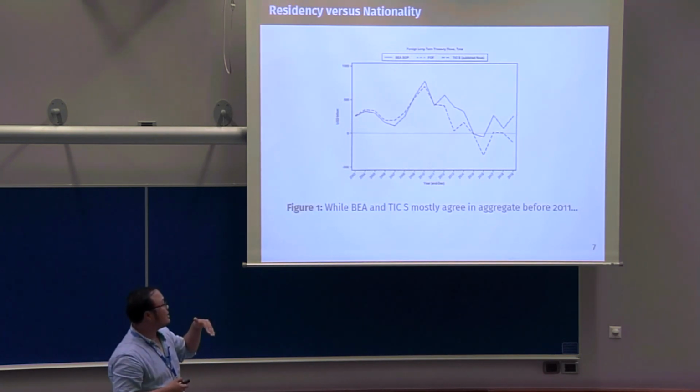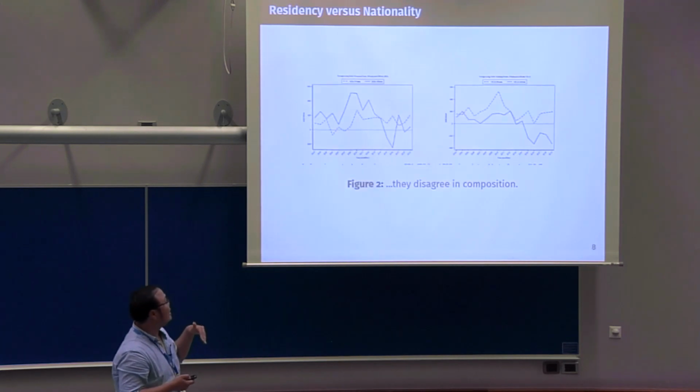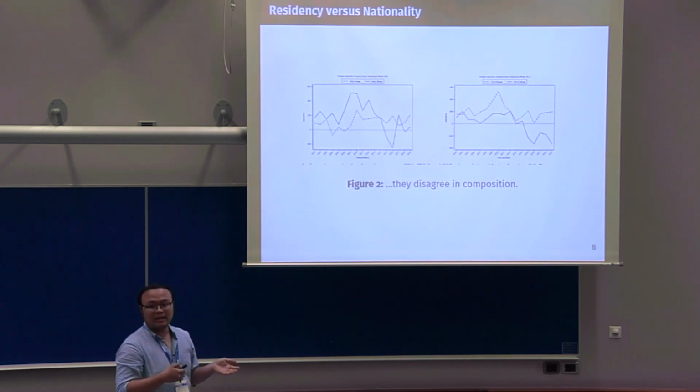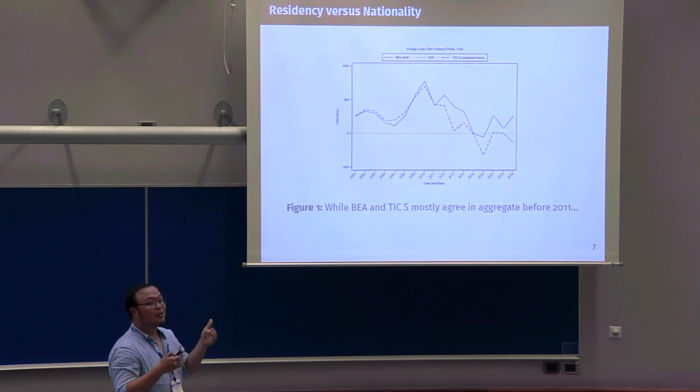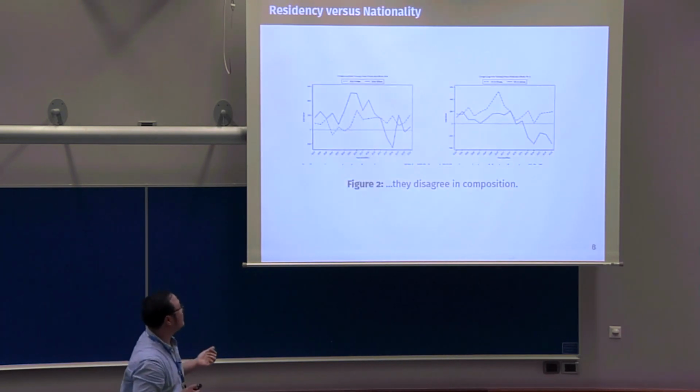And then after 2011, they switch to the SLT, which is a more informative form, and they start to have deviation. But even in periods when the BEA coincides with the TIC-S, the decomposition is completely off, right? So the BEA allocates a lot more to foreign official than foreign private. So I'm not sure if there's a methodology thing here of the BEA that you could check and see. So all I'm saying is that the data is probably off, but it's not just noise. It's something systematic that's related to residency versus nationality.